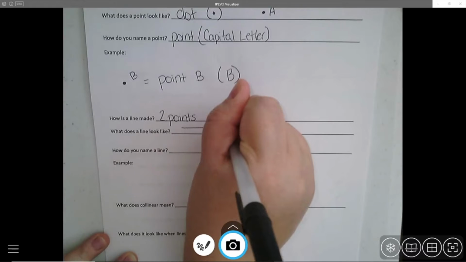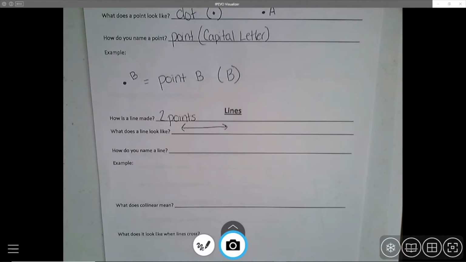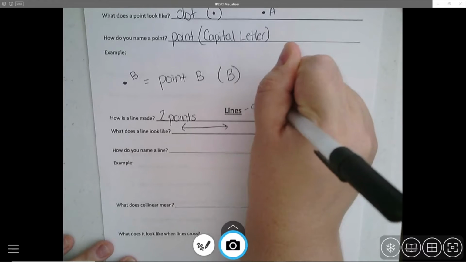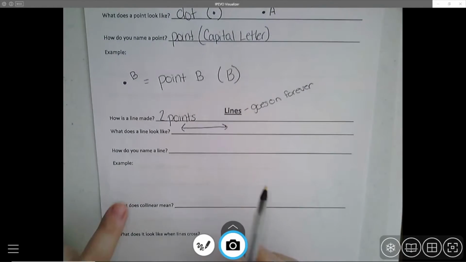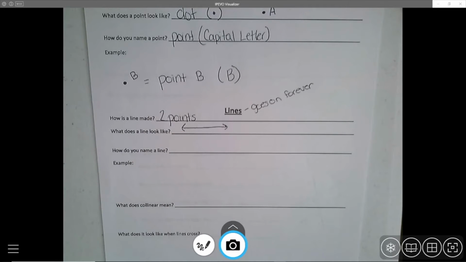If I draw it, a line has arrows on both sides, and it has a bar in there connecting the arrows. The big thing about a line is it goes on forever. There's no stopping point. That's why it has these arrows. Arrows mean it goes on forever. We're not going to stop.